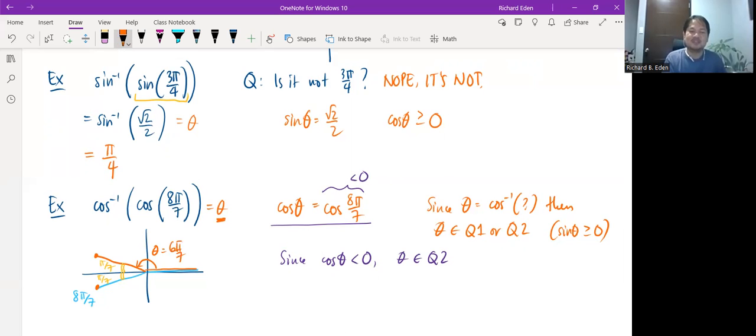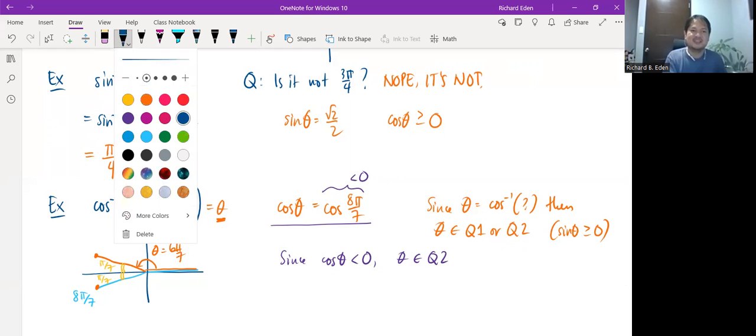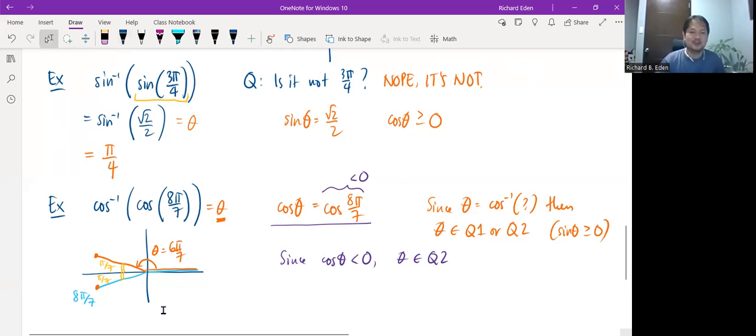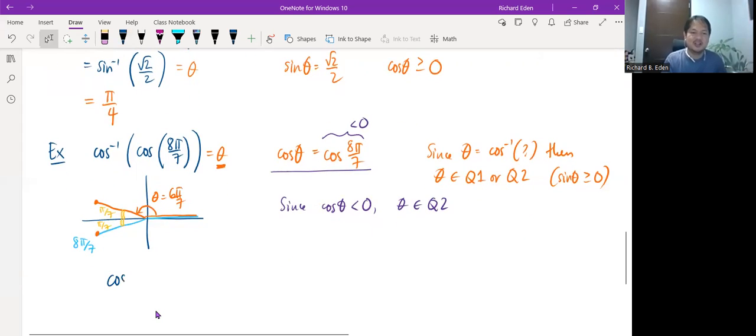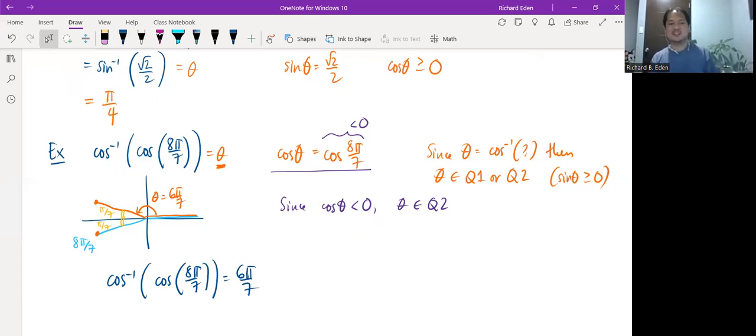Yes, 6 pi over 7. Okay, so therefore, cosine inverse of the cosine of 8 pi over 7 is equal to 6 pi over 7. All right, got it? The paradox has been solved.